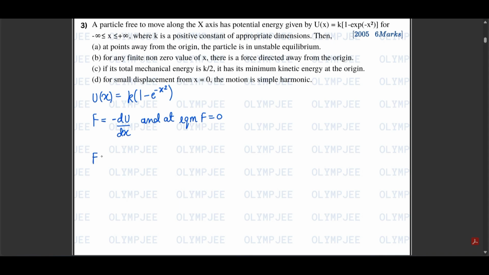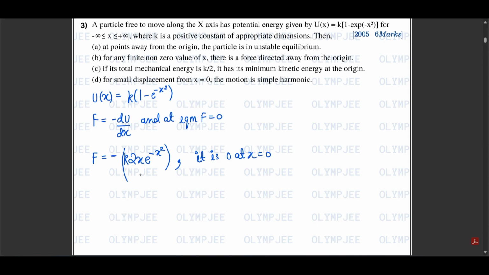So force is equal to minus of this. k times 1 will give 0 on differentiation, and this will give, so minus times minus 2x will be plus 2x e raised to the power, there is a k also, so k times 2x e raised to power minus x square. This is the force, and it is 0 at x is equal to 0, right?